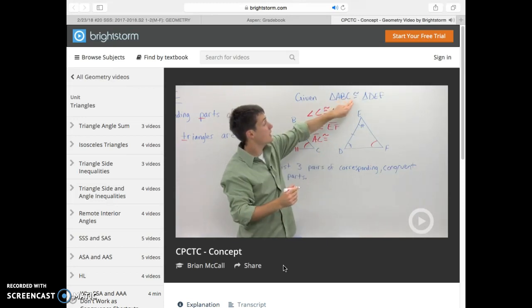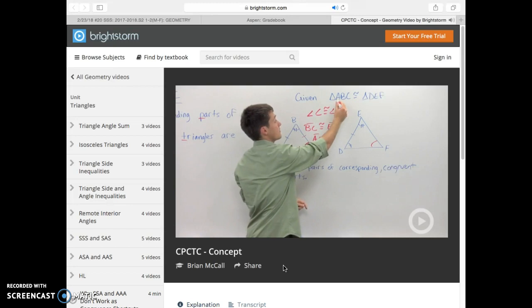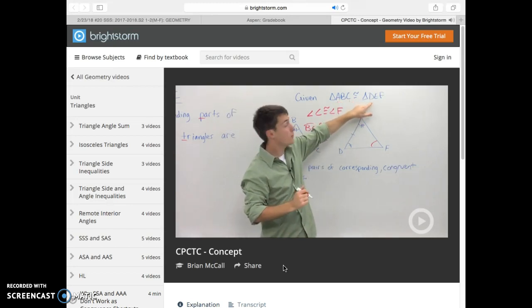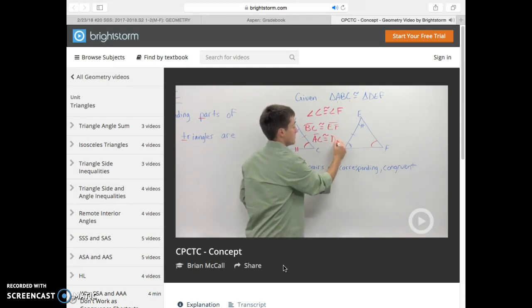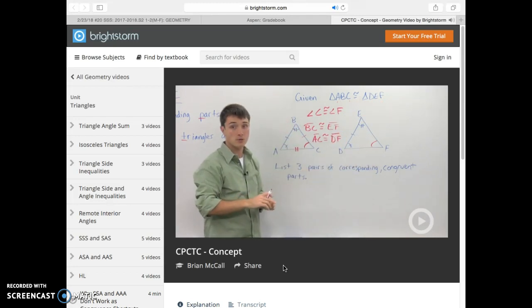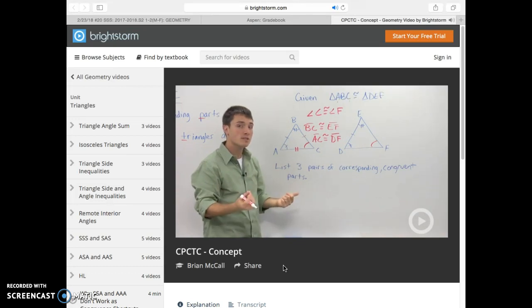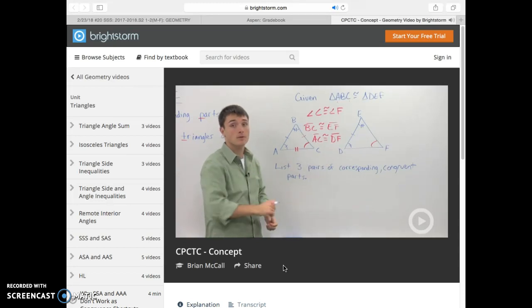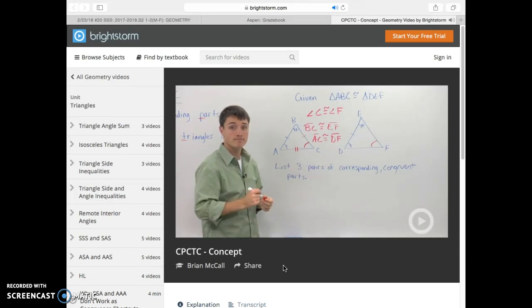If I just look at these letters, A is the first letter, C is the last letter. So looking at this one, D is the first, F is the last. I could also look at the drawing to verify that's true. When do we use CPCTC? Most often in proofs. So if you want to take a look at how to apply it, check out the episode on proofs.